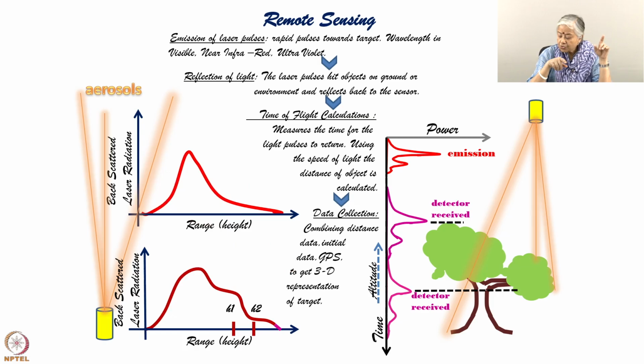Okay. Now you get a nice little smooth curve, because the atmosphere was clear. Some of its intensity has reduced because of the scattering with nitrogen molecules and oxygen molecules and such. They are very tiny particles, so you are getting a very smooth pulse.